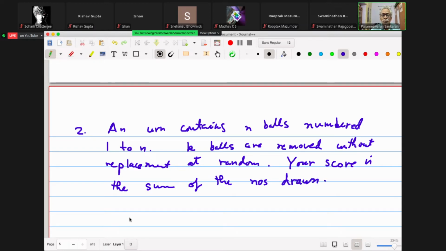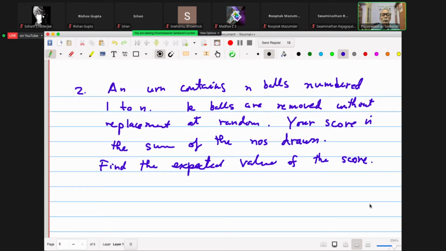Find the expected value of the score. So here again, the solution: let xk, okay, k is not a good letter, let xj be the random variable that the jth ball is drawn.